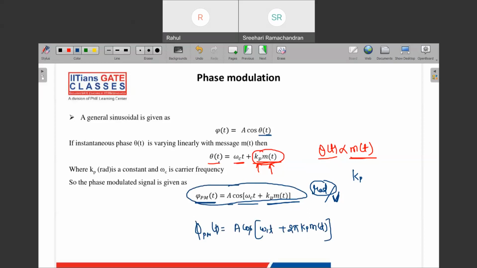In this case Kp is in hertz, and once you multiply it by 2 pi, this complete thing becomes radian. So if Kp is given as radian, we can directly use this, but if Kp is given as hertz, we have to multiply it by 2 pi to make it radian.